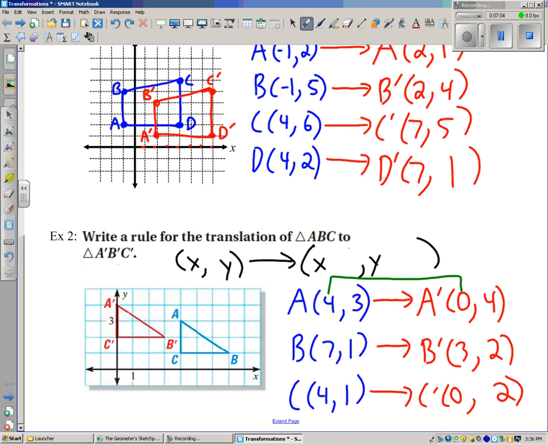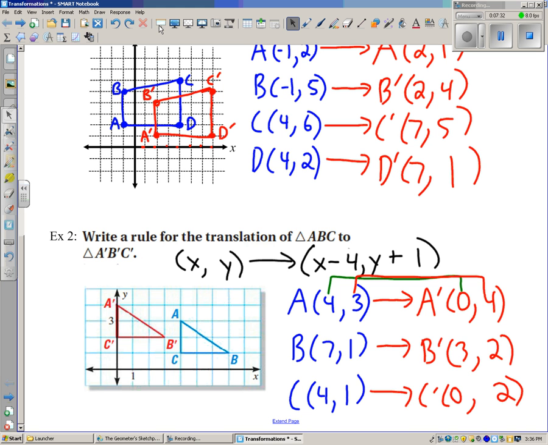From 4 to 0, from 7 to 3, from 4 to 0. Do you notice a pattern? You have to subtract 4. So x minus 4. Let's take a look at the y's. From 3 to 4, from 1 to 2, from 1 to 2, you're adding 1.